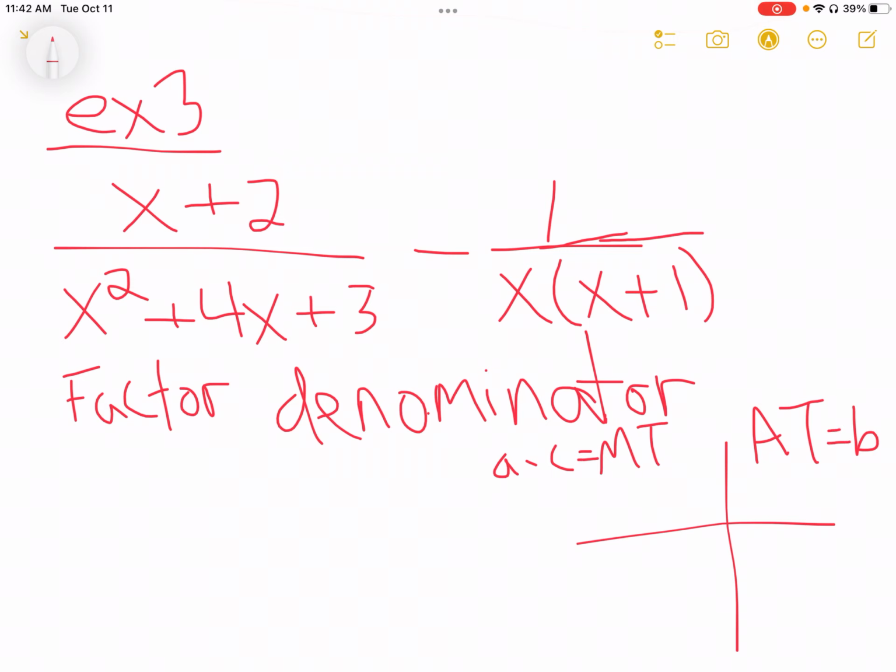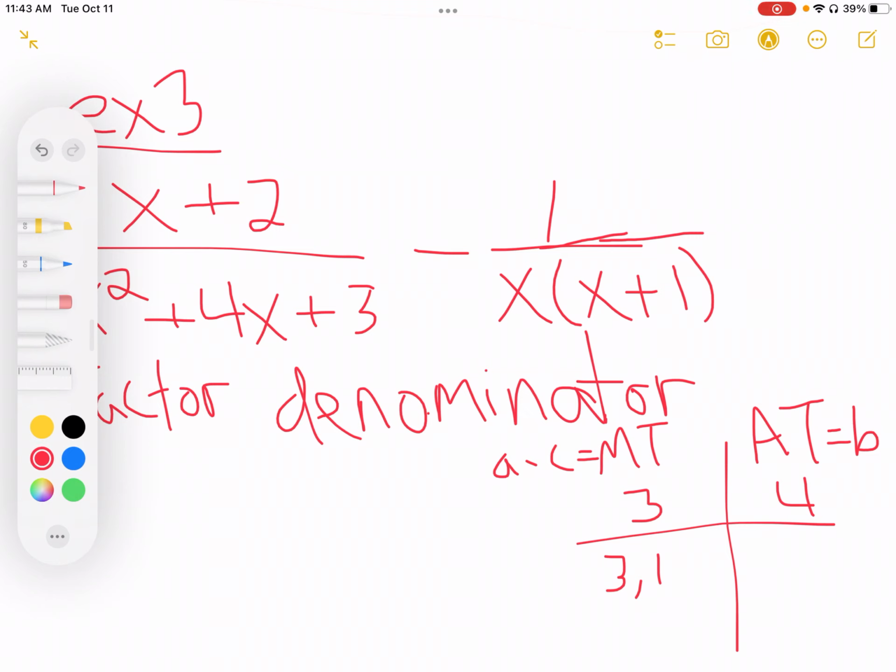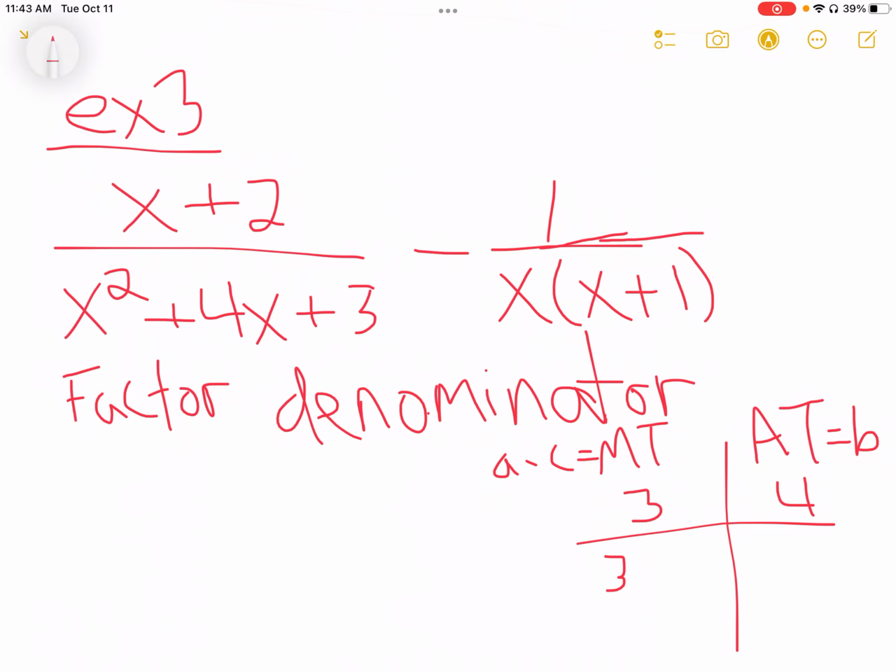So a times c is our multiplied to, adds to is our b term. So we would have 3 here, and we'll have 4 here. Well, that one's pretty easy because I can see that it's actually just 3 times 1, right? 3 times 1 would be 3, and 3 plus 1 is 4.